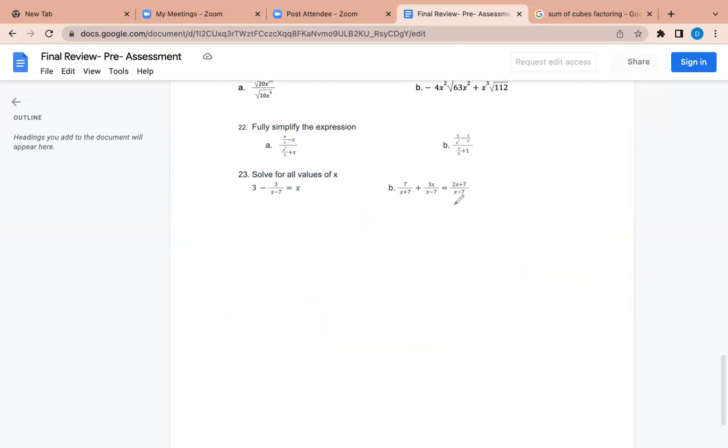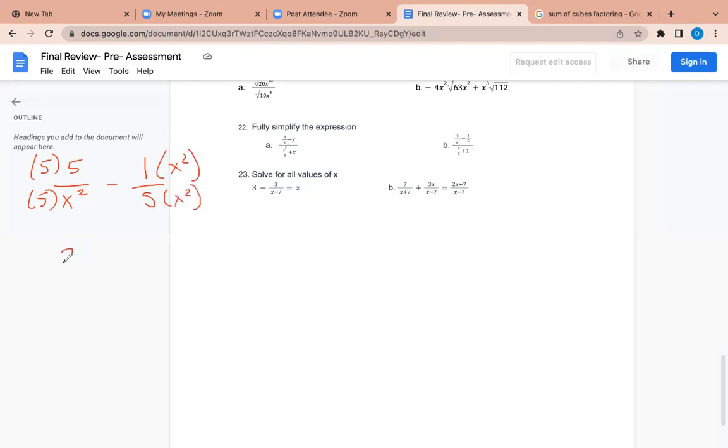Letter B, this side needs another 5. So let's go with 5 over x squared minus 1 over 5. You have to multiply both sides, the top and the bottom, by 5. This side, you have to multiply the top and bottom by x squared.